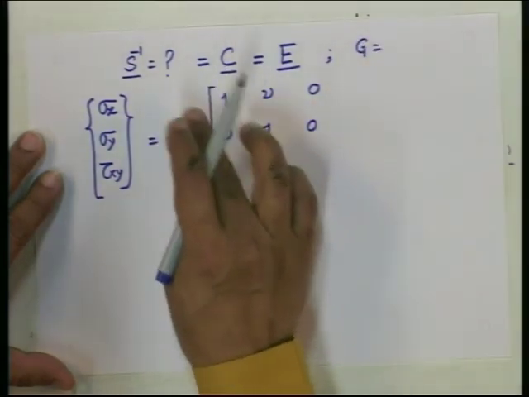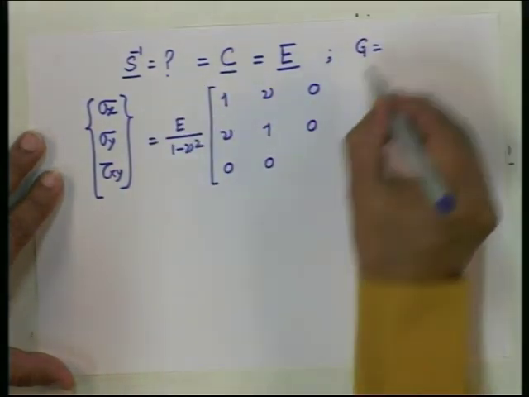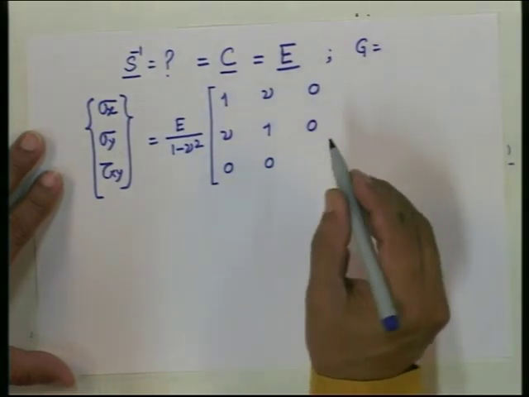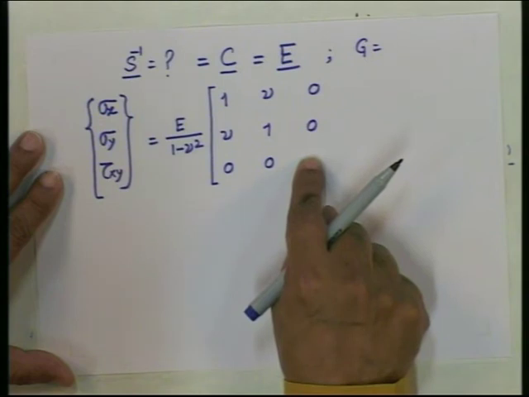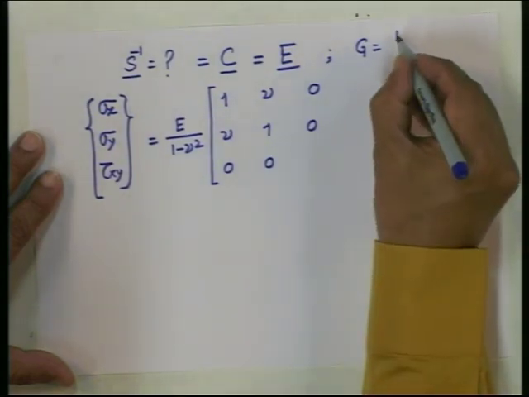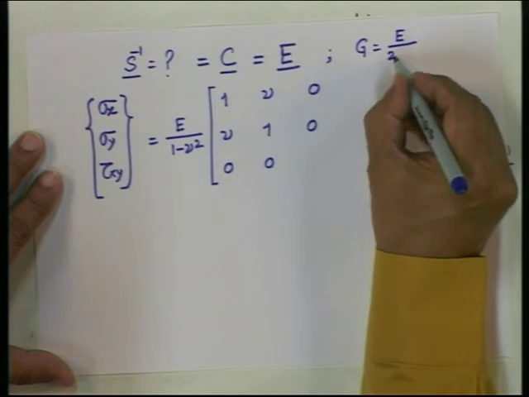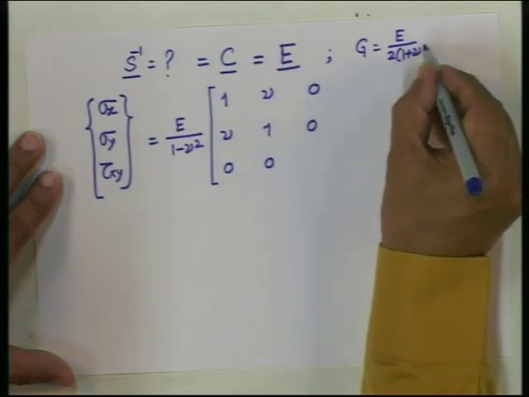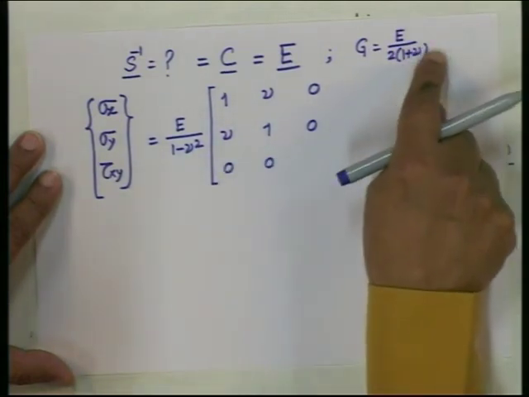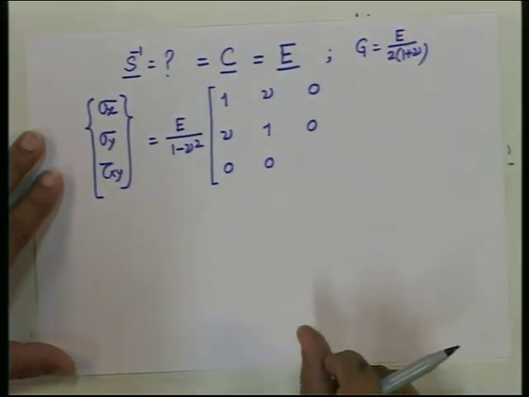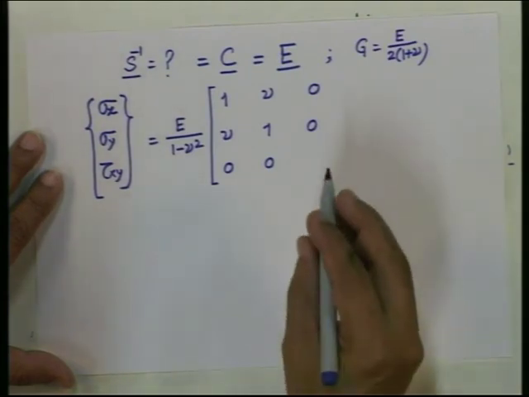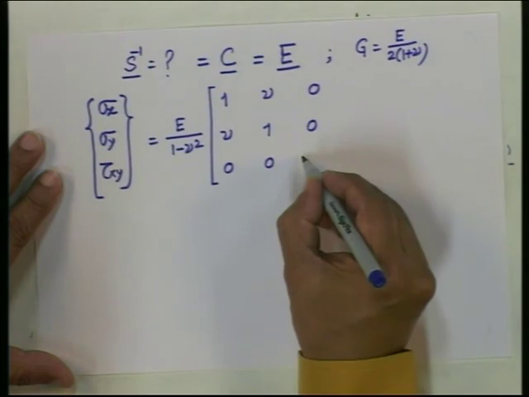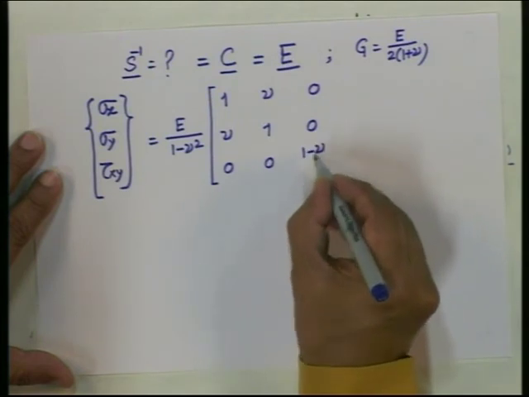So, if I take this common, what will I get here? I want to get E by 1 minus nu square, and G is E by 2 times 1 plus nu. So, 1 minus nu by 2. Will that do, 1 minus nu by 2?